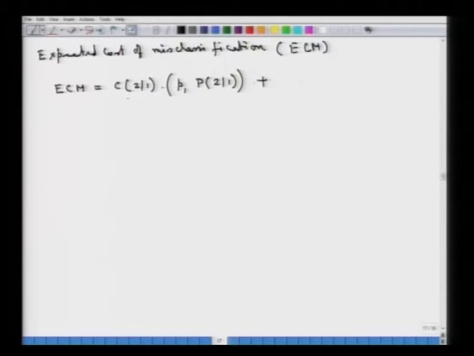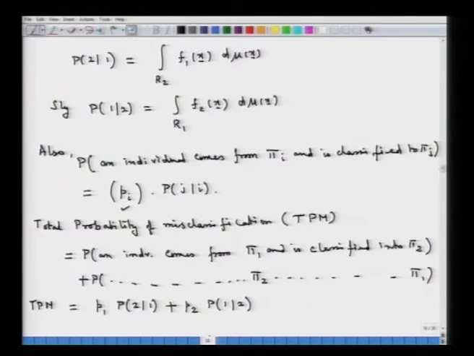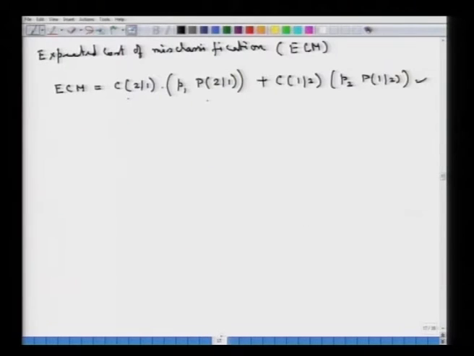So, this is the cost with this probability, and then the cost of misclassification is C 1 given 2 if an individual from the second is misclassified into 1. So, that probability would be given by P 2, which is the prior probability of the second population, multiplied by this P 1 given 2. So, we have two important quantities, one is this expected cost of misclassification and the other is this total probability of misclassification. Now, let us look at optimal strategies.